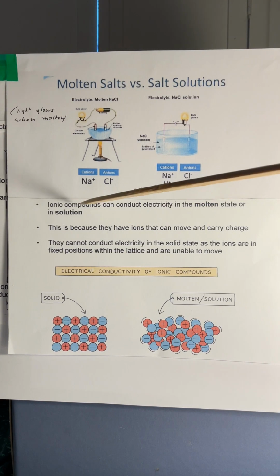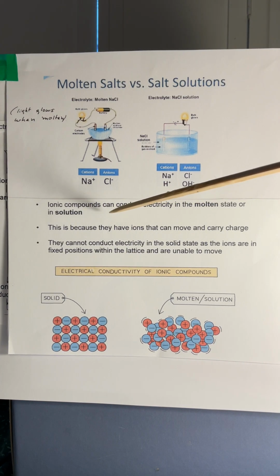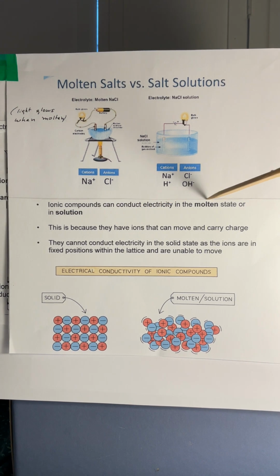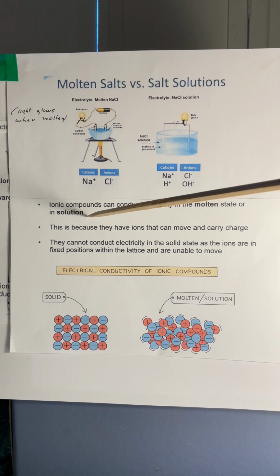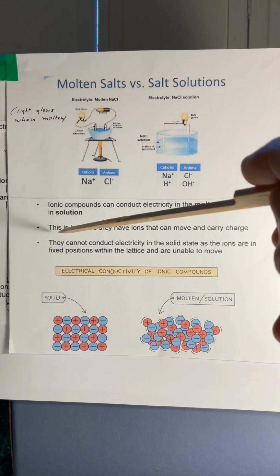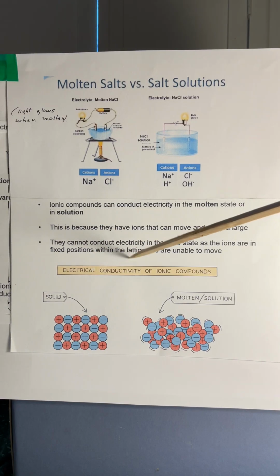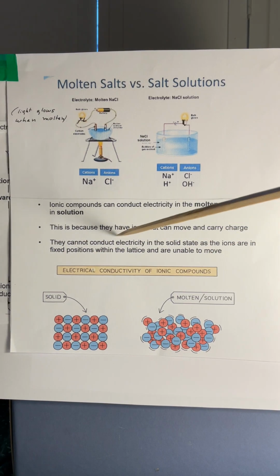Now, just as a quick reminder, because that is always part of some of the questions, ionic compounds can only conduct electricity in the molten state or in solution, because otherwise the ions are in fixed positions and they are unable to move.